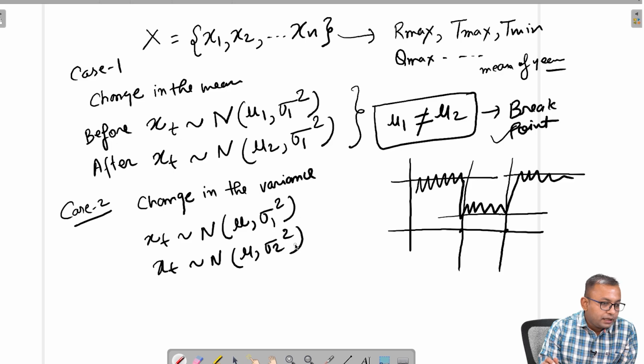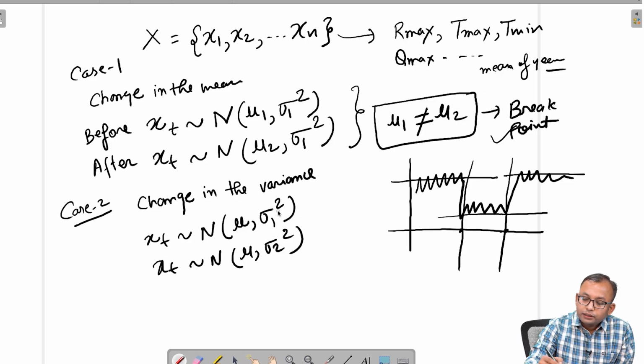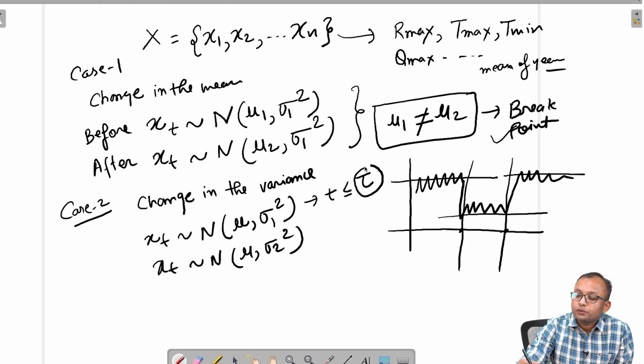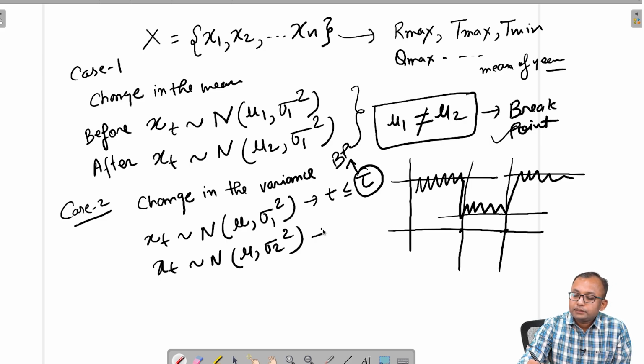So, this distribution is applicable where t is less than or equal to tau, tau being the breakpoint location, and this distribution is applicable when t is greater than tau.